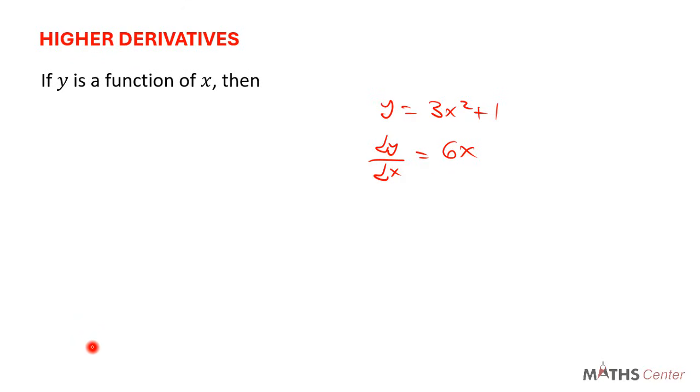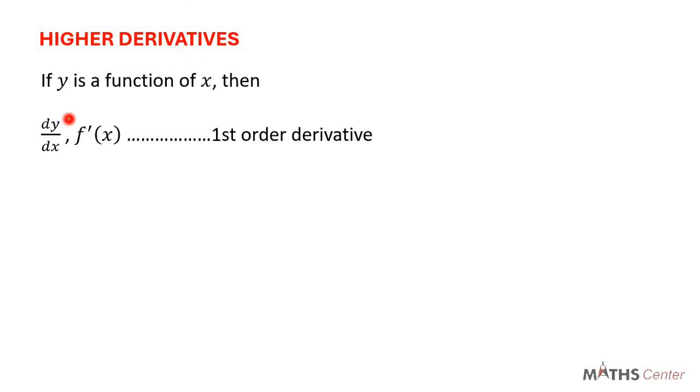So when you have a function and you differentiate it for the first time, it's known as a first order derivative. So the dy/dx is a first order derivative. When you differentiate it for the second time, it is a second order derivative. When differentiated for the third time, it is a third order derivative. Okay. So if y is a function of x, then dy/dx or f prime of x is known as a first order derivative.